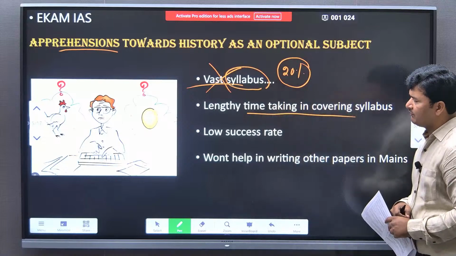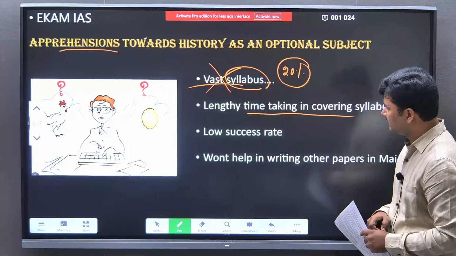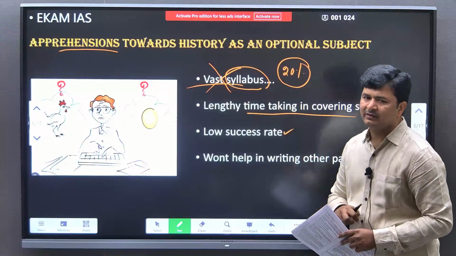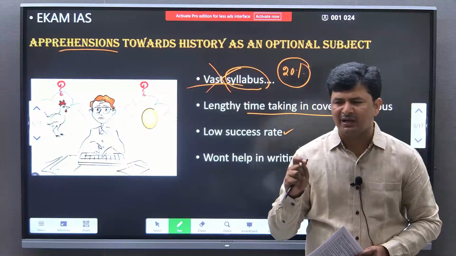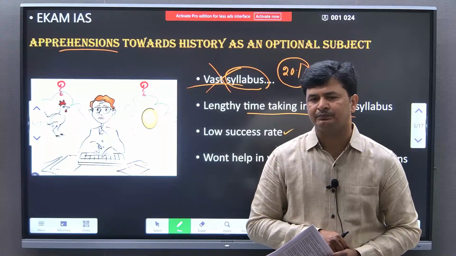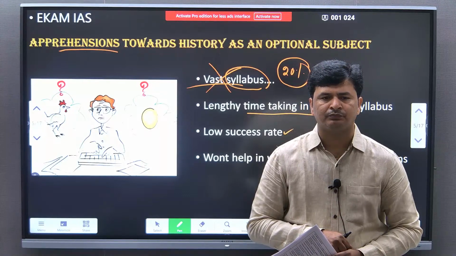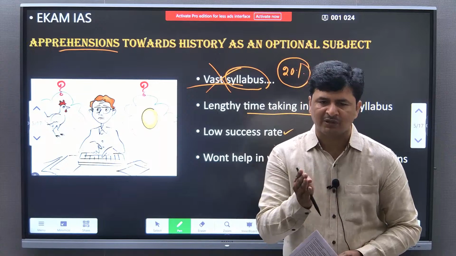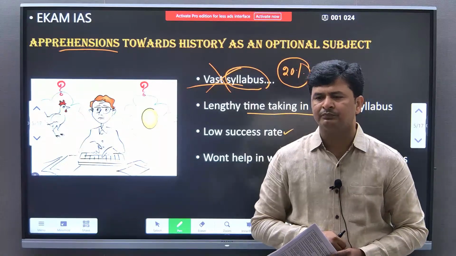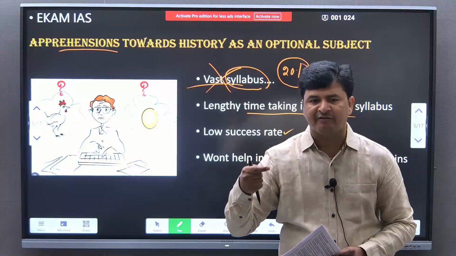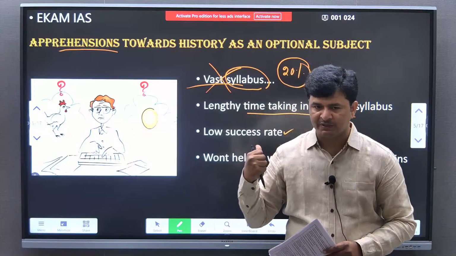Another myth which we generally find among the aspirants towards history is low success rate. Let me tell you, you shall not accuse any optional as far as success rate is concerned. Totally 1750 marks, I'm not counting interview marks. Right? Essay, general essay, followed by 5 papers, followed by 2 papers, that is like optional.